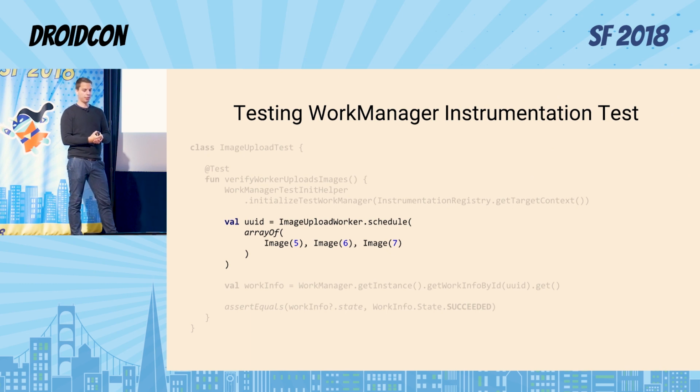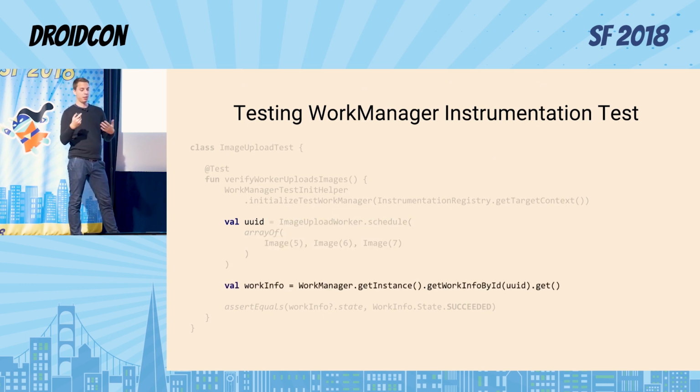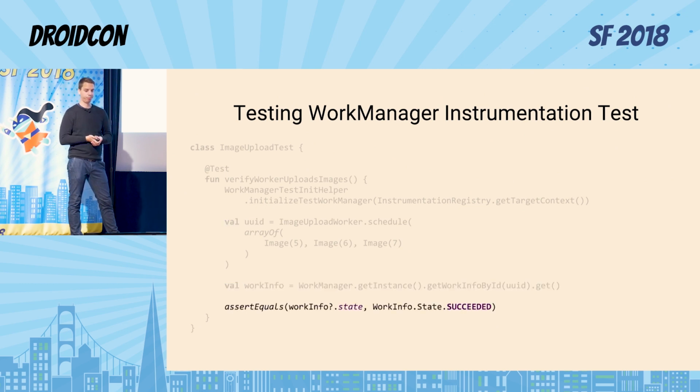And the key to understand is here, when I call schedule and call enqueue, the test WorkManager immediately runs your worker. It doesn't wait. So when this method returns and gives me back the unique ID, then my worker finished already. And I can use this information to get the information about my worker, and there I can verify the result.